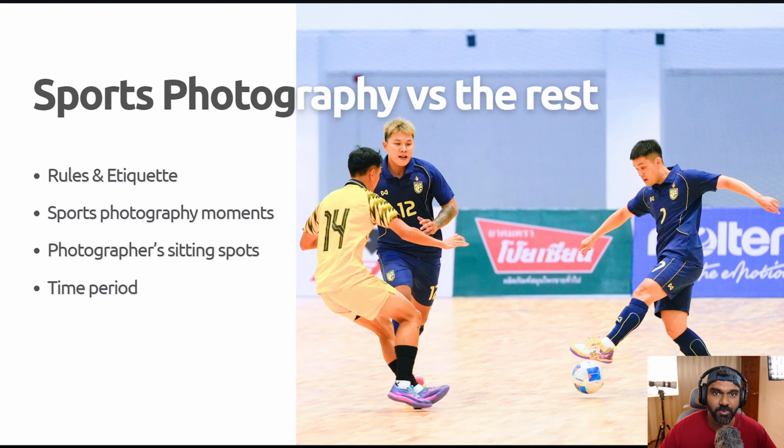Photographer's sitting spot. This is something I learned for the very first time in my life when I went to that event. In the game, photographers are allowed to sit in a designated spot near the goalpost, on either side of the goalpost, and you should be sitting all the time. You should not be standing, you don't get excited, and you don't shoot standing.